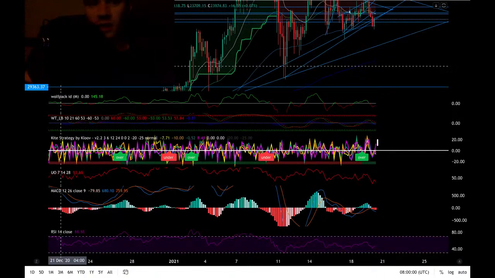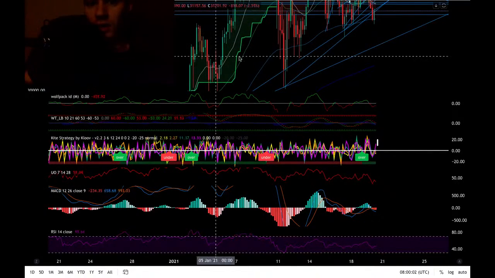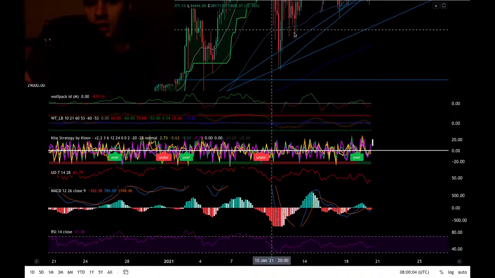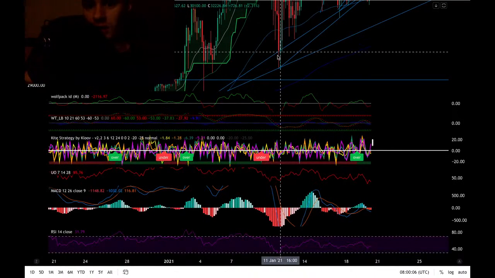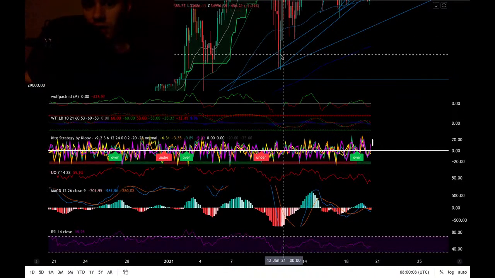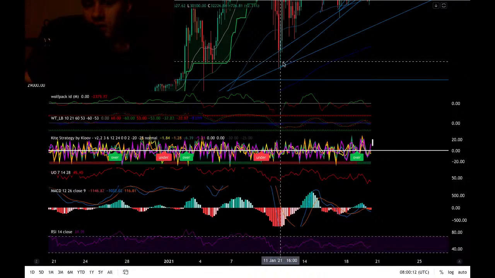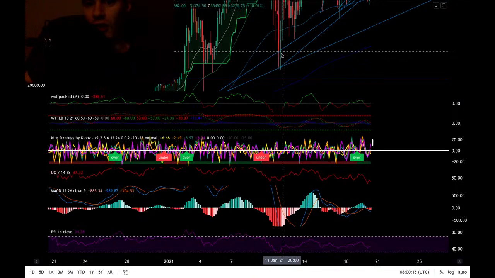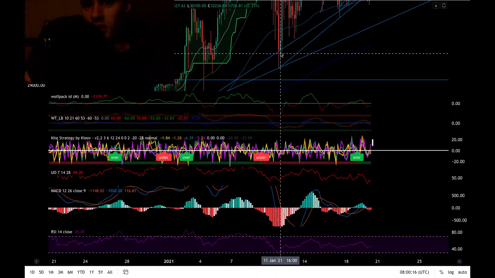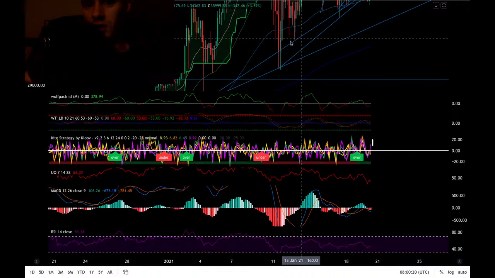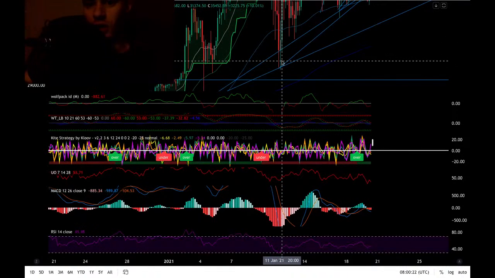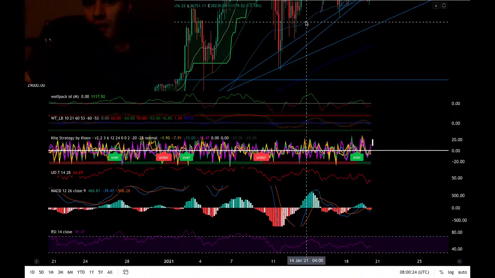At this point, if you really want to get into technical analysis, we've already broken out of this consolidation pattern right here, which had valid touch points. This is on the 4 hour, so we see consolidation outside of this consolidation triangle, and then we move back into the pattern.